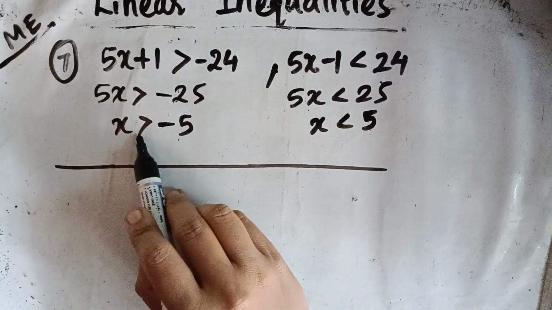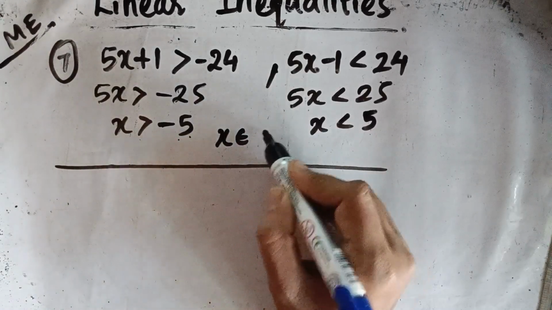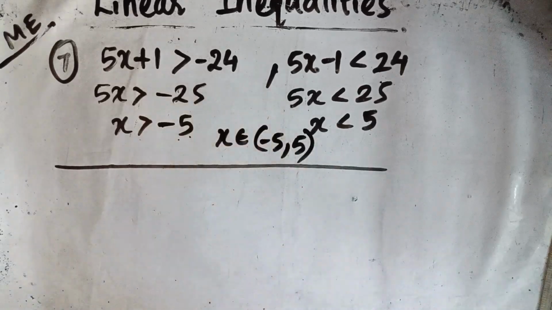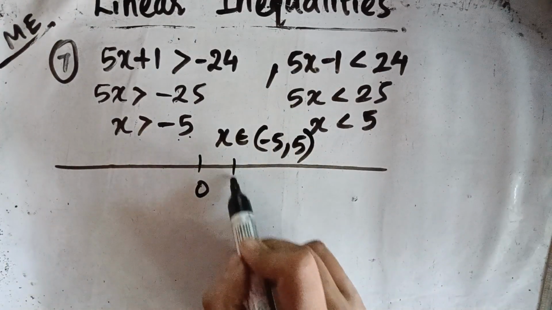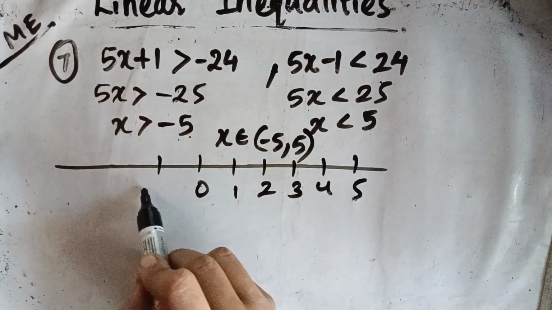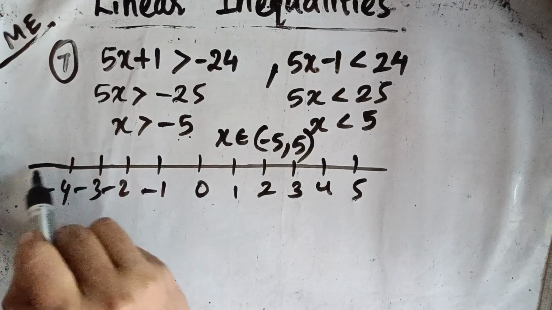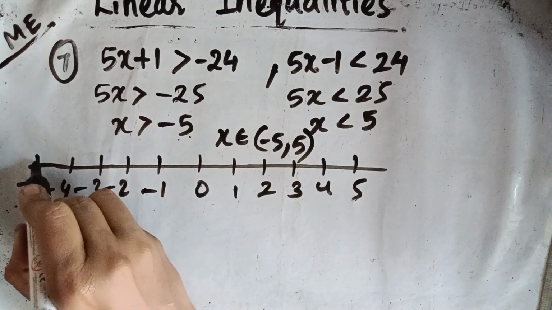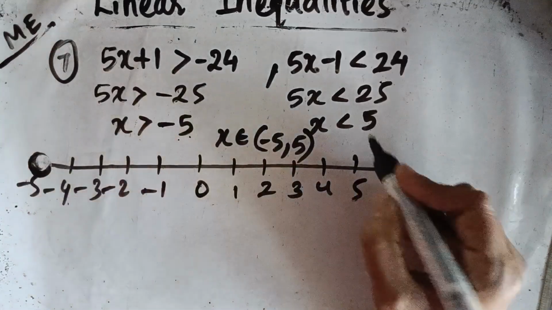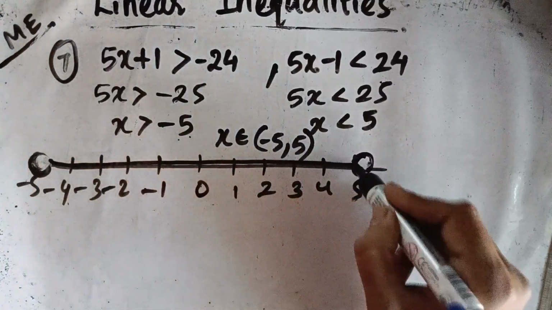So x is greater than minus 5. So x belongs to minus 5 and plus 5. Okay. 0, 1, 2, 3, 4, 5, minus 1, minus 2, minus 3, minus 4, minus 5. Okay. So both are not included. So this is empty. This is also empty. This thing is there. Okay.